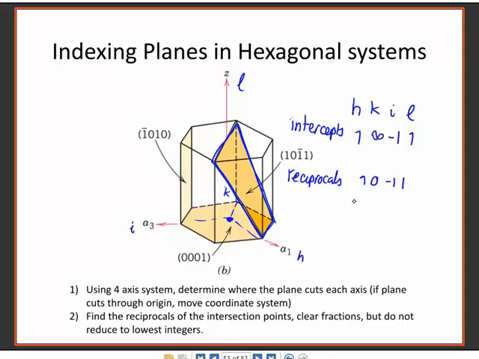So the answer is the plane, the Miller-Bravais indices of the plane are 1, 0, 1 bar, 1. So we've shown how to get the indicated result.